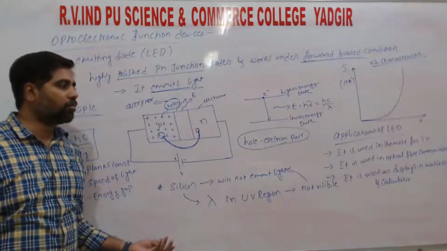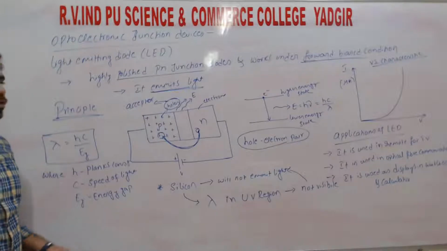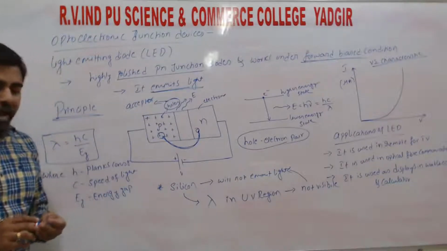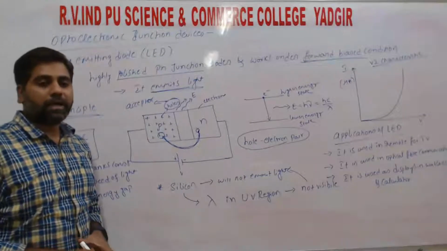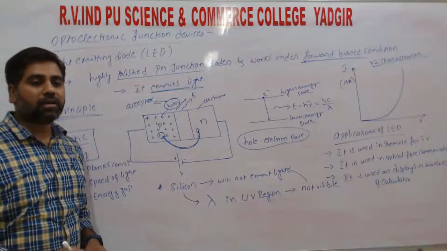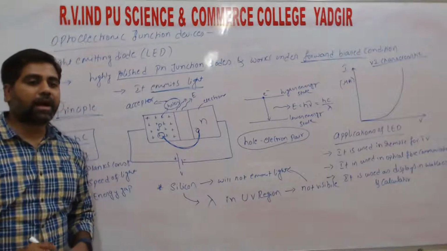So if they ask for 1 mark or 2 marks, we need to mention, right? What is LED? LED is a highly polished semiconductor diode. It emits light. It works under the forward biased condition.